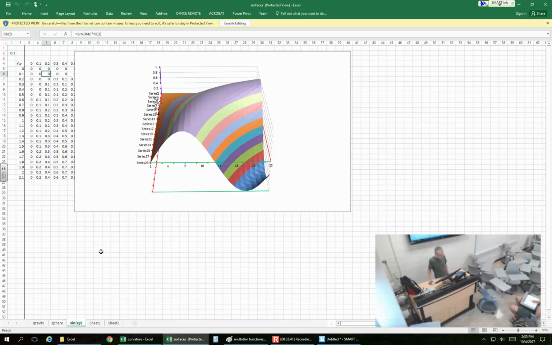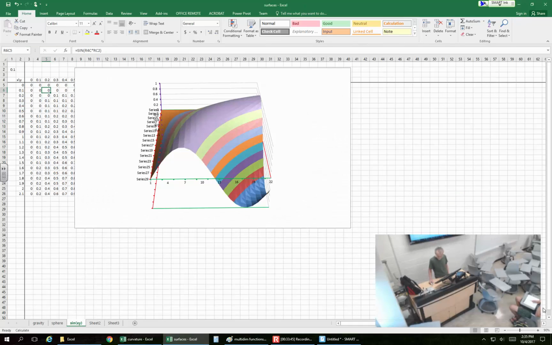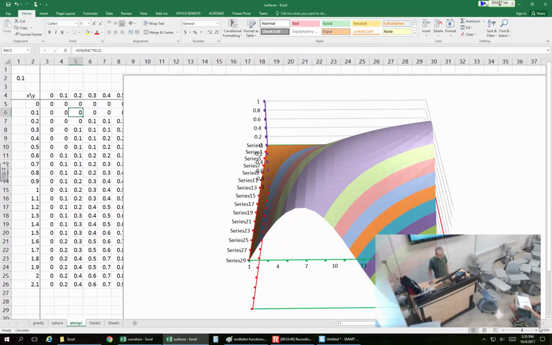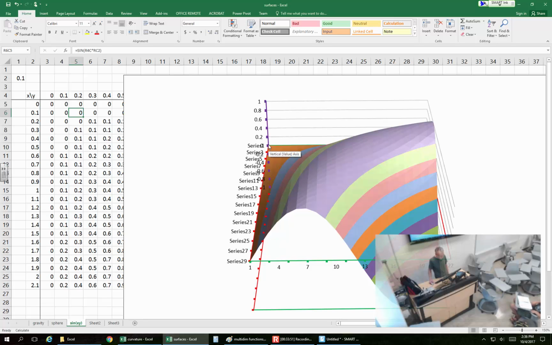That is our surface, the graph of a function of two variables. Let's zoom in on this point, where x and y are equal to 0.